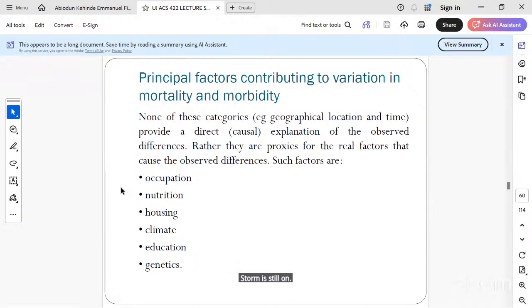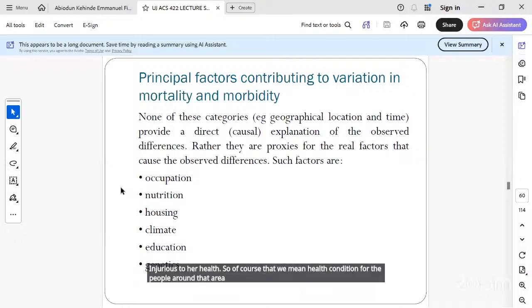You also have some areas where volcanic eruption is very, very prevalent. And some of these eruptions come with ashes that are very sulfuric and injurious to health. So of course, that will affect the health condition of the people around that area and so on.